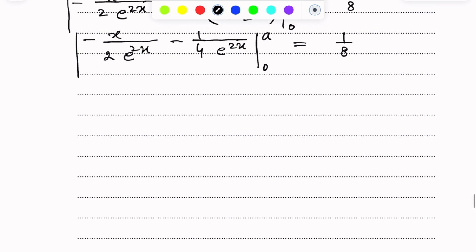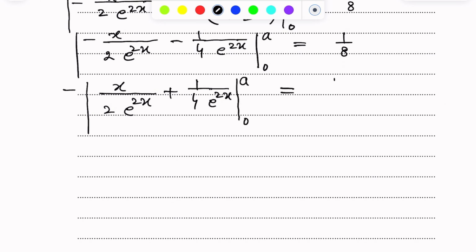So we can write it as minus x over 2 e power 2x plus 1 over 4 e power 2x, with limit 0 to a, is equal to 1 over 8.